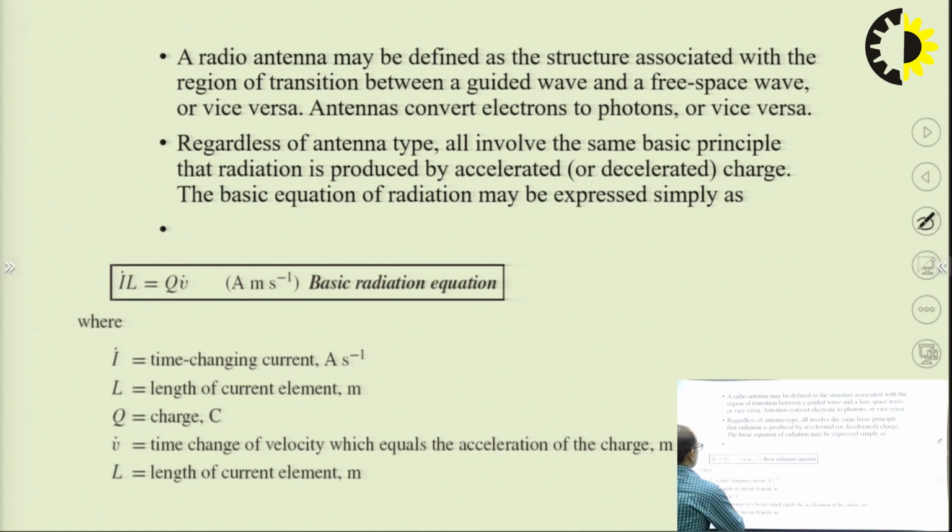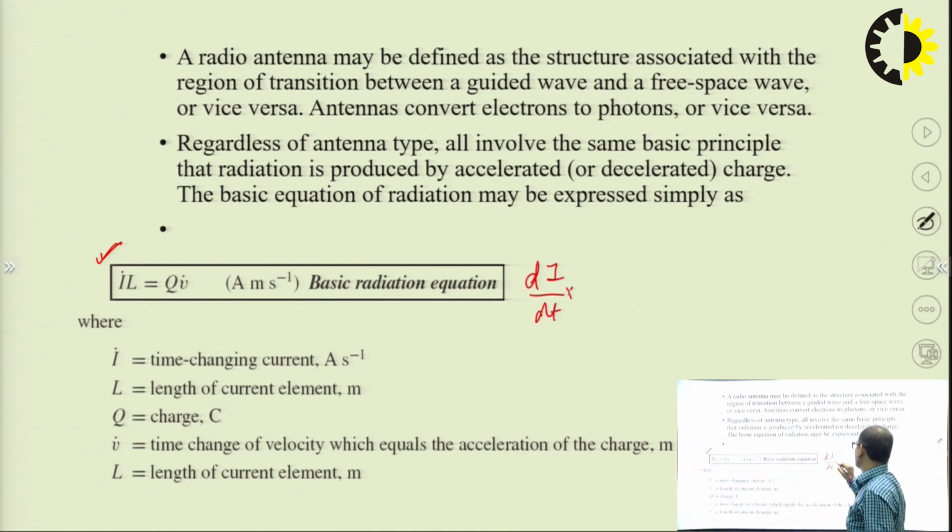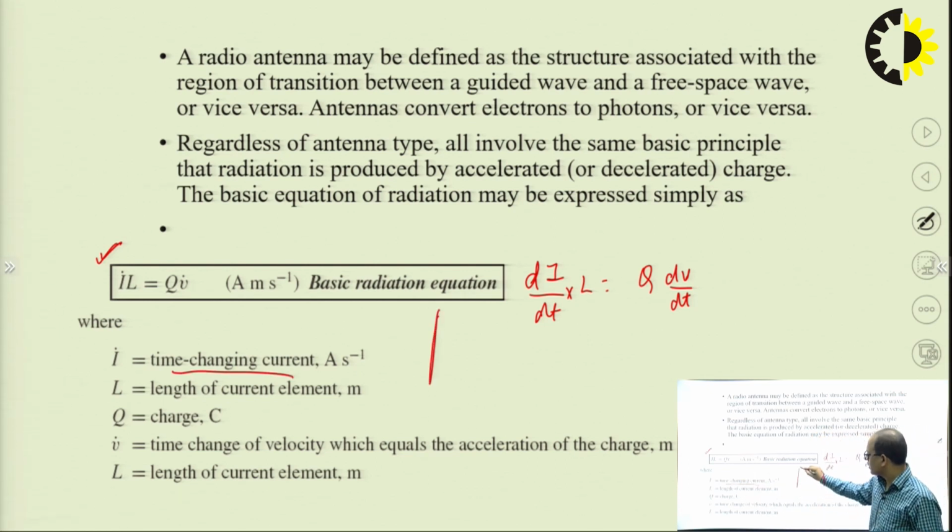For a brief review, this is the basic radiation equation: I dot times L is equal to Q times dv by dt, where dI by dt is the time changing current, L is the length of the current element, Q is the charge, and dv by dt is the time change of velocity which produces the acceleration.